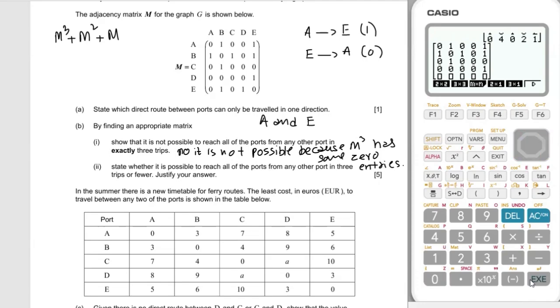And this is going to be 0, 1, 0, 1, 0. And I'm going to raise this to power of 3. And now I need to add another matrix, which is the same thing, but with a square power, right? 3 or fewer. So 0, 1, 0, 0, 1.